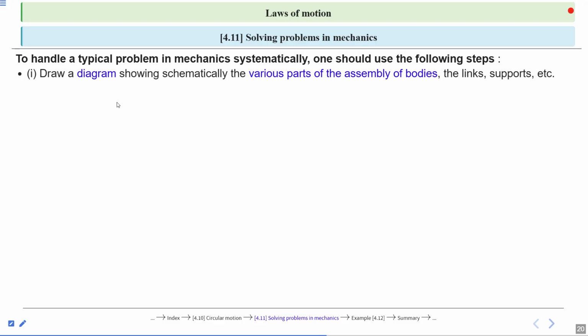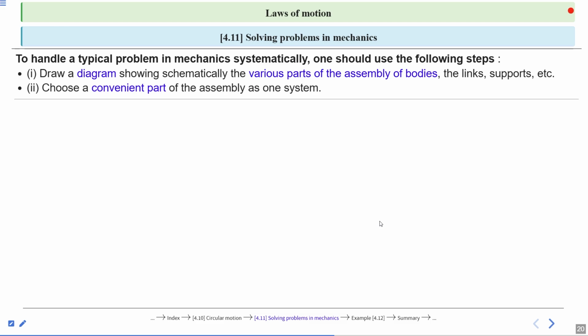And these steps are: first, draw a diagram showing schematically the various parts of assemblies of bodies, the links, supports, etc. It means firstly draw the diagram schematically. This is the first step.